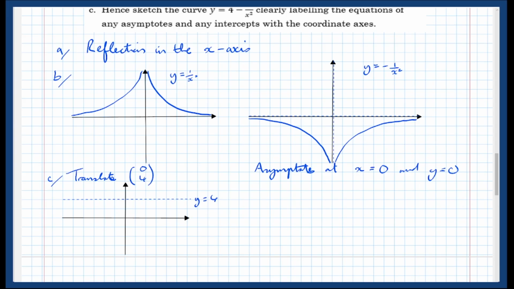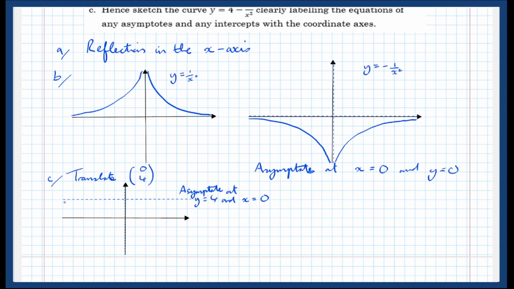I'll just write down asymptote at y equals 4. The translation upwards doesn't affect the position of this asymptote here. So just write the equation of that one. So asymptote at y equals 4, and x equals 0 is the vertical asymptote.